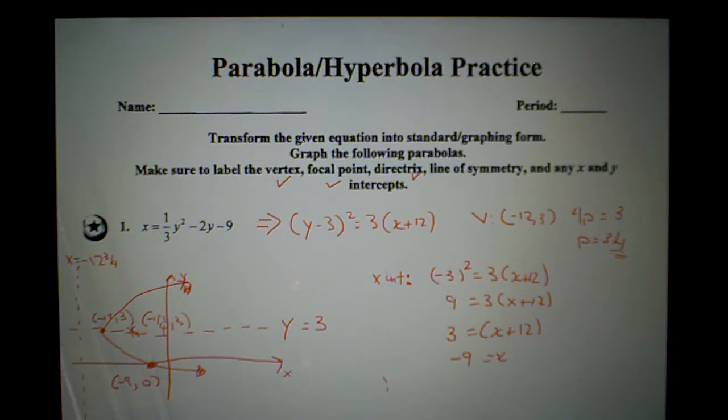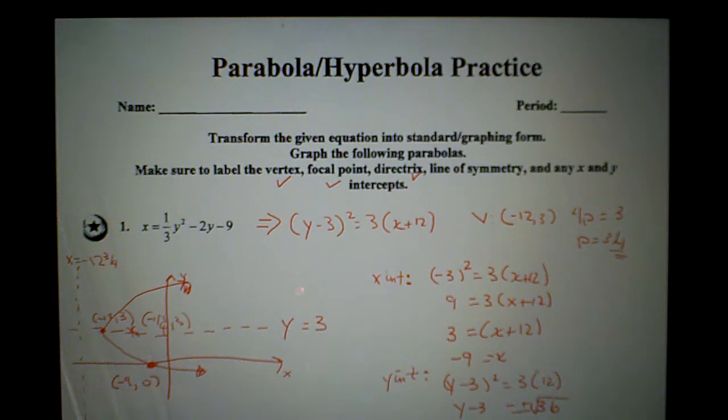To find the y-intercepts anytime, any place, anywhere, what do? Yep, you got it. 0 for x. So y minus 3 squared is equal to 3 times 0 plus 12. So y minus 3 squared is equal to 36. And how do I undo a square? Please don't say square root.